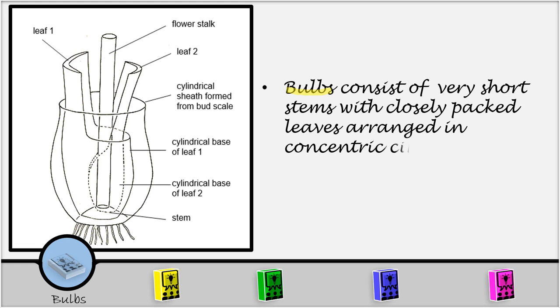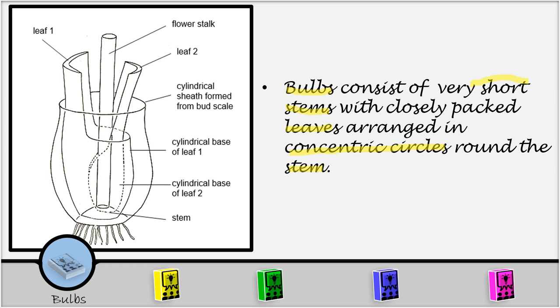Bulbs consist of a very short stem with enclosed packed leaves arranged in concentric circles around the stem.